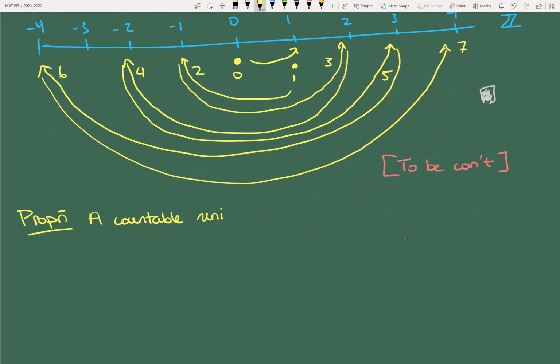A countable union of sets, and they don't have to be disjoint, but it actually just makes the proof easier if they're disjoint. So a countable union of disjoint countable sets is countable.